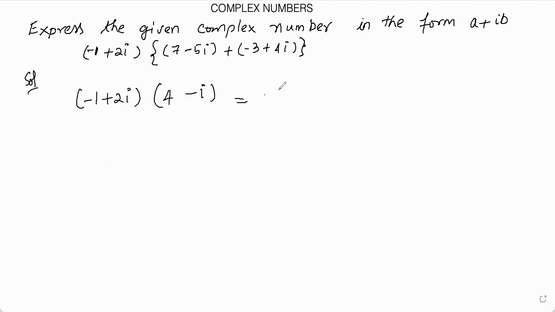So this becomes minus 4 plus i plus 8i minus 2i square. Again, i square we know as minus 1. So after simplifying you get minus 2 plus 9i.